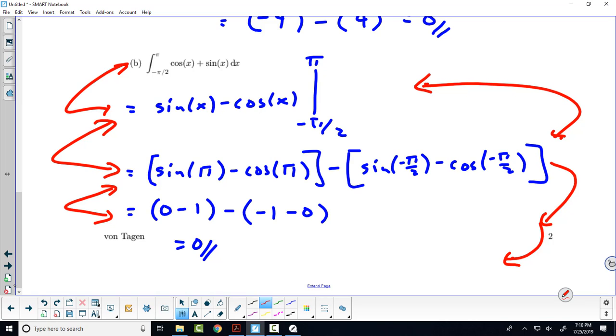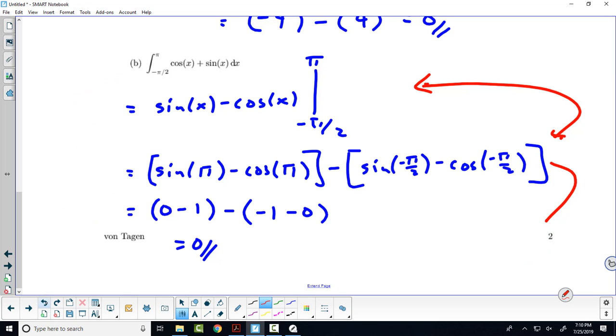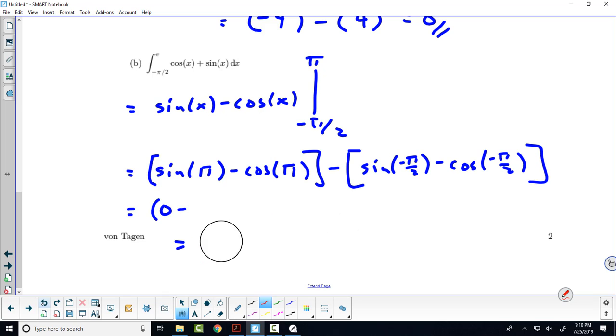Shouldn't cosine of pi be -1, and then there's a negative outside of the cosine, so that would equal +1. And then +1, and the answer should be 2. Oh, good, it's a good thing I just said I could be lenient on these. Good catch. Going way too fast on these.